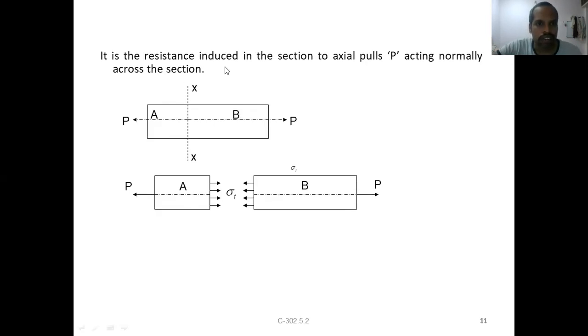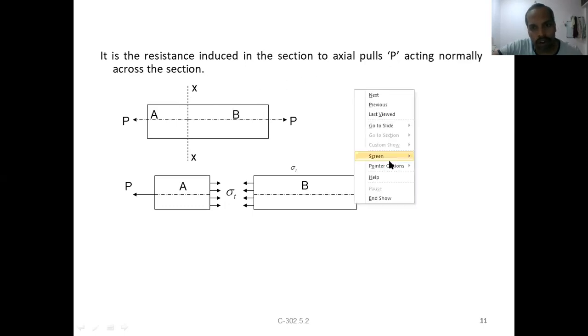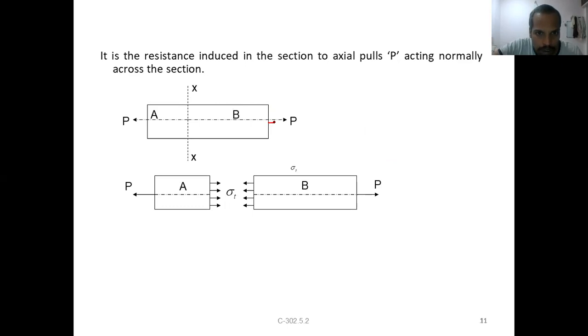Then what is tensile stress? It is the resistance induced in the section to axial pull P acting normally across the section. One more thing: normal to the section. Normal means perpendicular to the section.